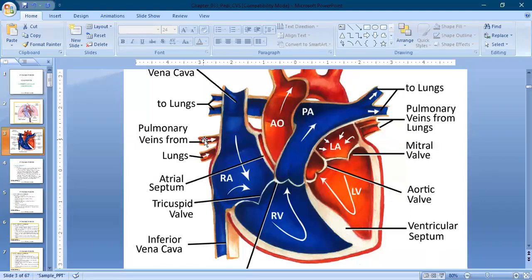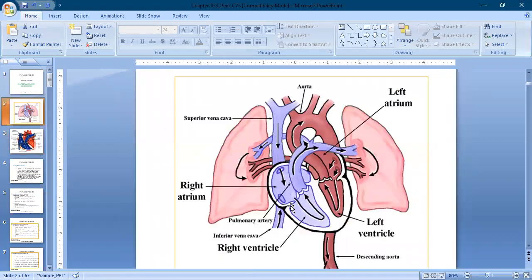Problem, because in this circulation, the blood goes from the head, neck, or upper extremity through the superior vena cava to the right atrium, and from your two legs or lower extremity, abdomen, thorax, blood goes through the inferior vena cava, finally going inside the right atrium, right?